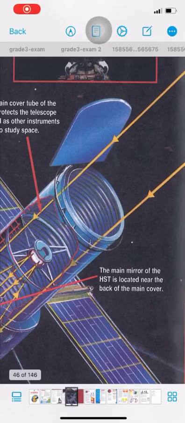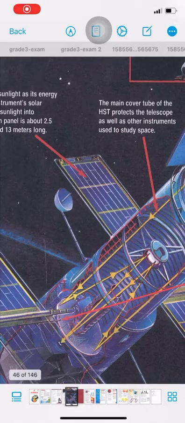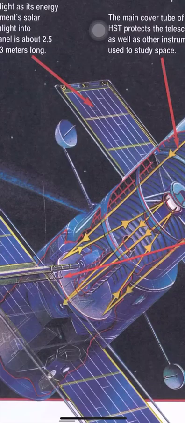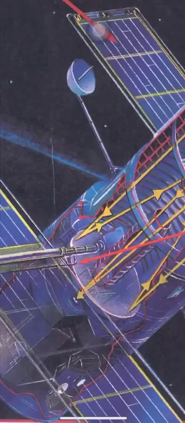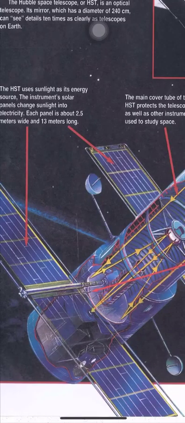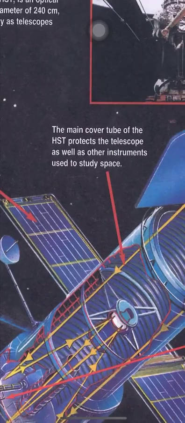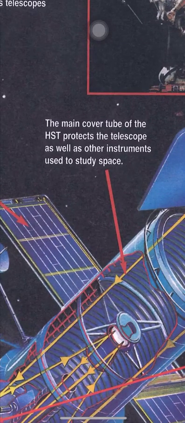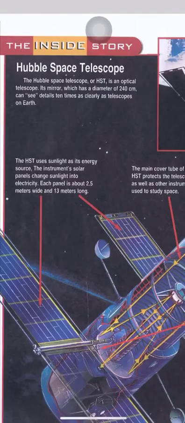The HST has a main mirror. As you can see here, it is the main mirror of the HST, and here it has the main cover tube of the telescope. This is the second part of the telescope.